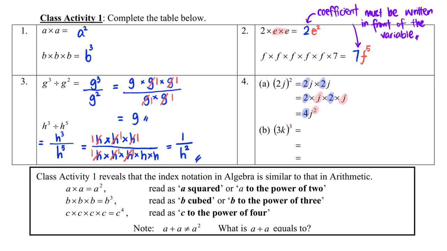So the next part, if I have 3k bracket power 3, this means that I will have 3k multiplied by 3k multiplied by 3k, 3 times. And you can actually see it as 3 times k times 3 times k times 3 times k.